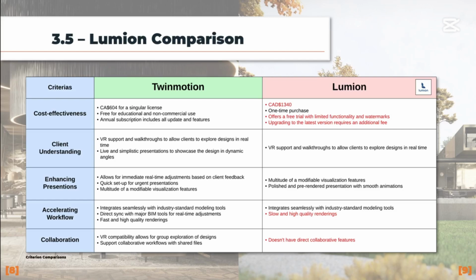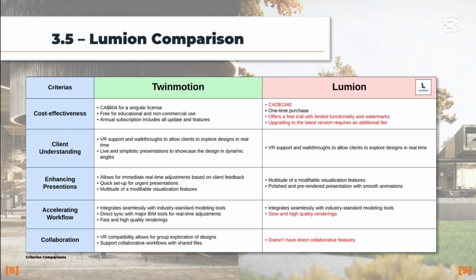One feature that is essential for collaboration during the design process is the ability to share projects online through a cloud network, allowing other team members to view and explore the model even if they don't have the software installed.